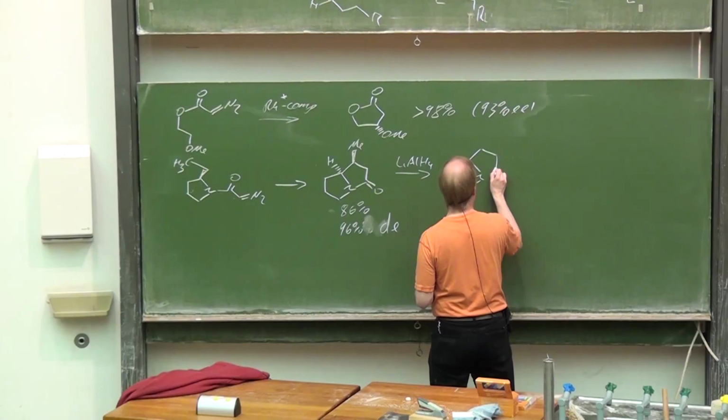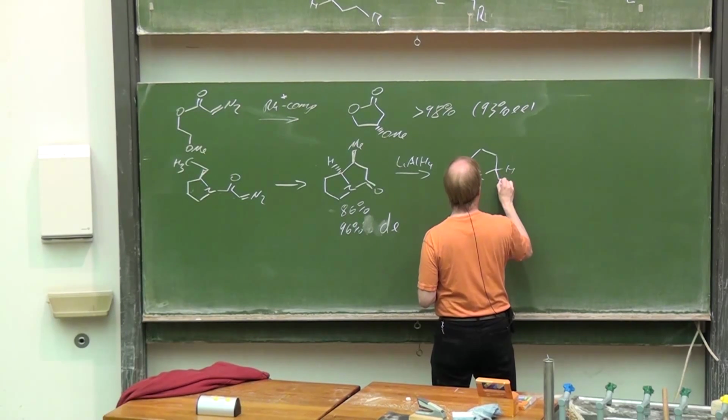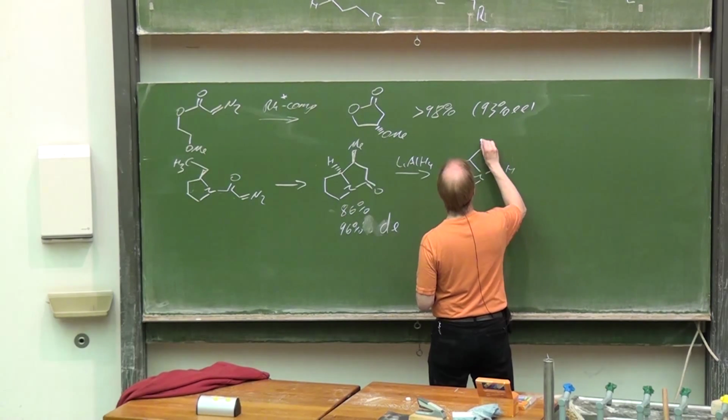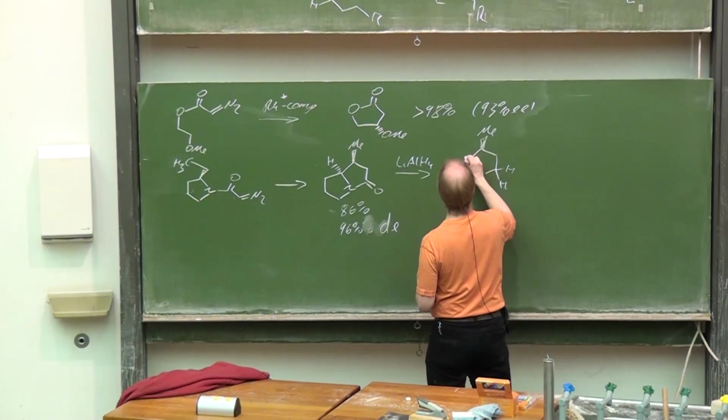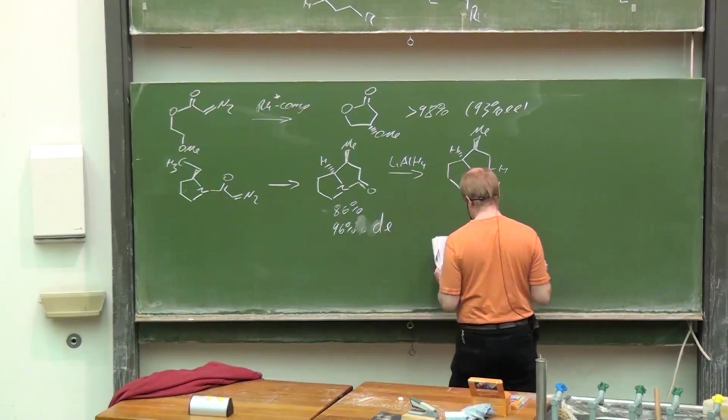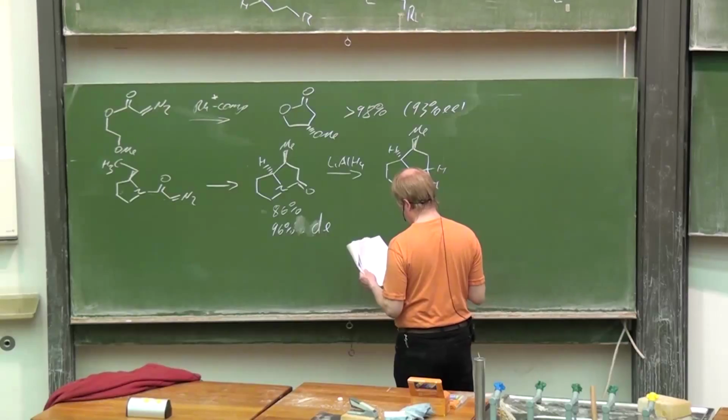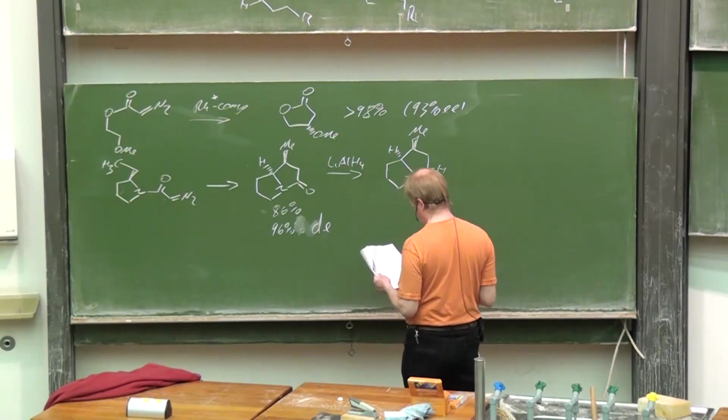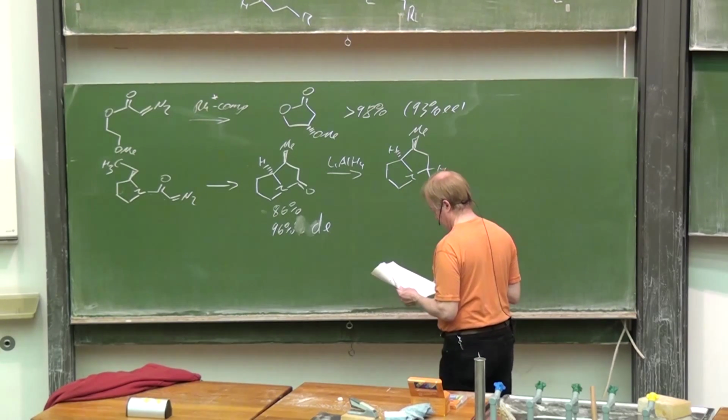You get to the tertiary amine. And this is a naturally occurring alkaloid.